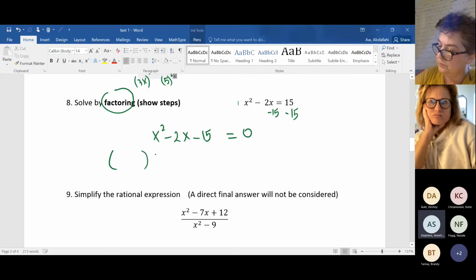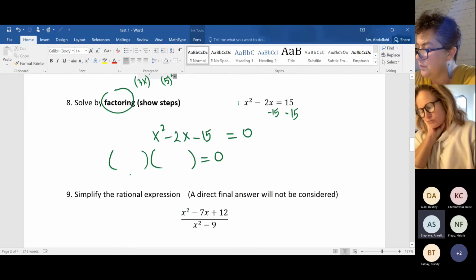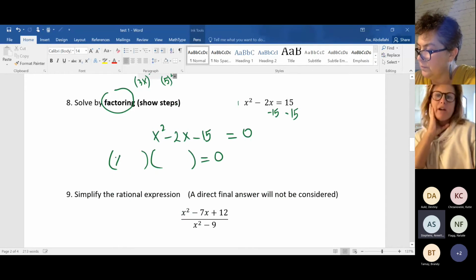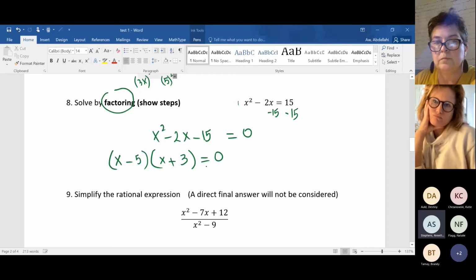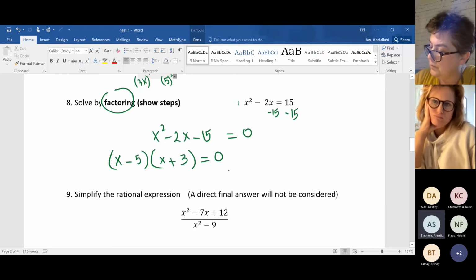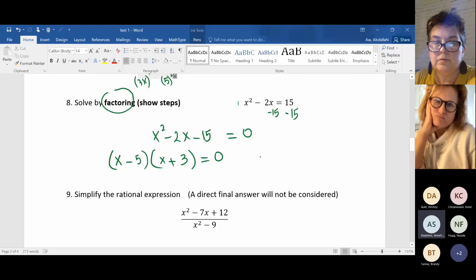Okay, how do we factor this? What are the two numbers? x plus 3, x minus 5. x plus 3, x minus 5, right? So are we done? Do we go to the next problem? No, we have to set each one equal to 0.